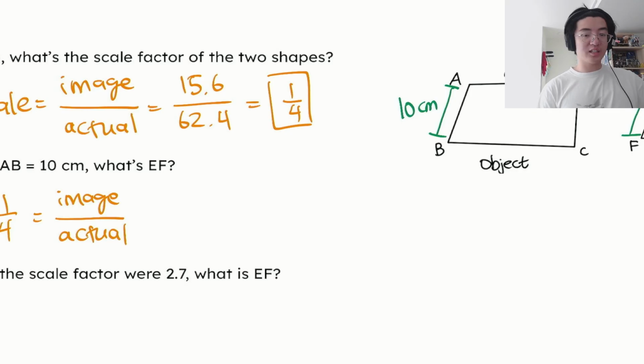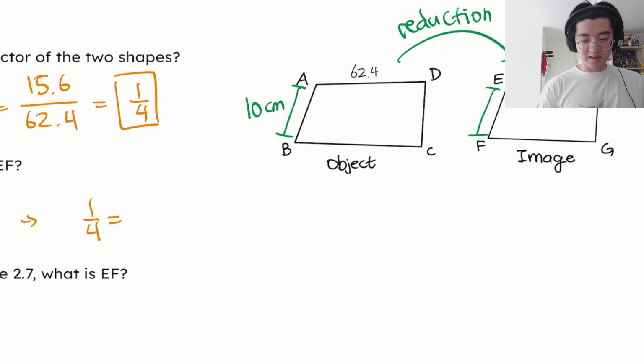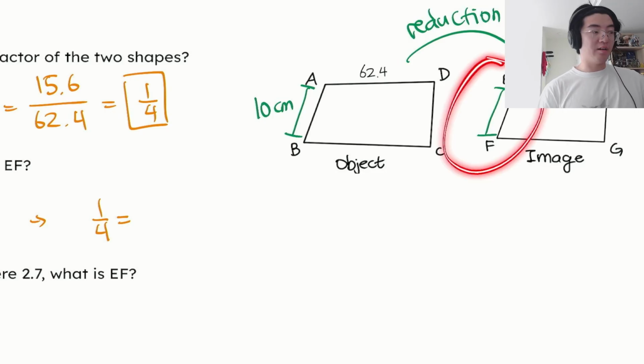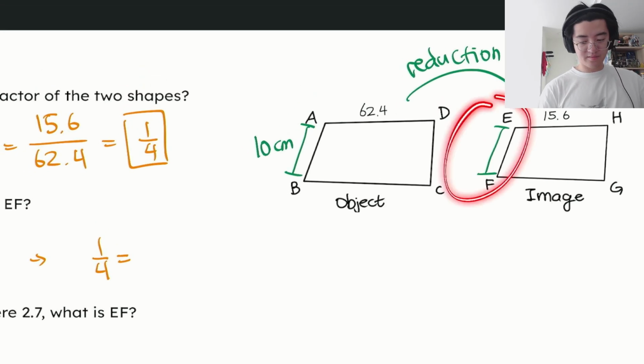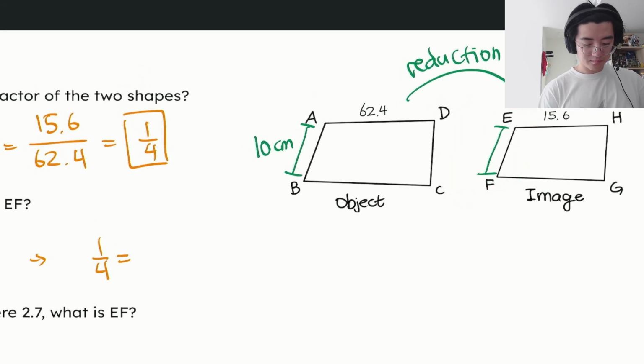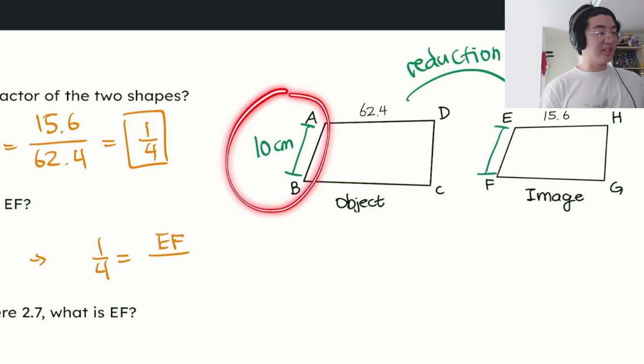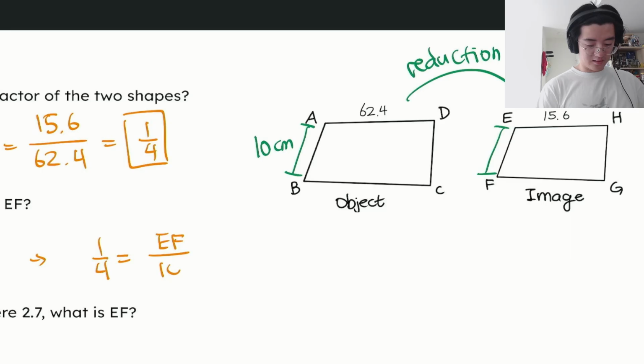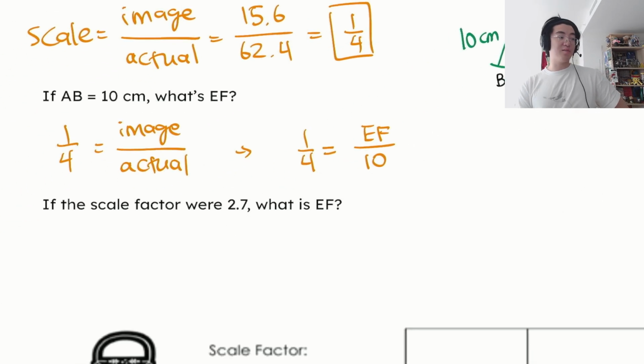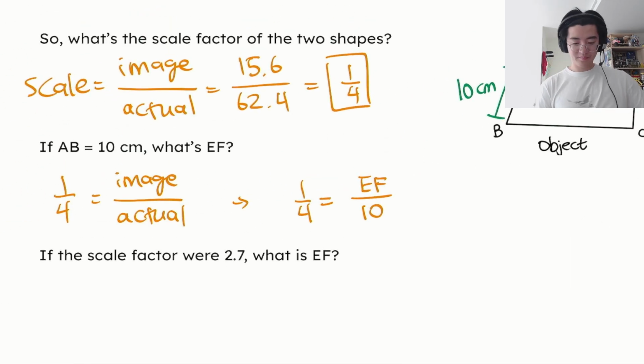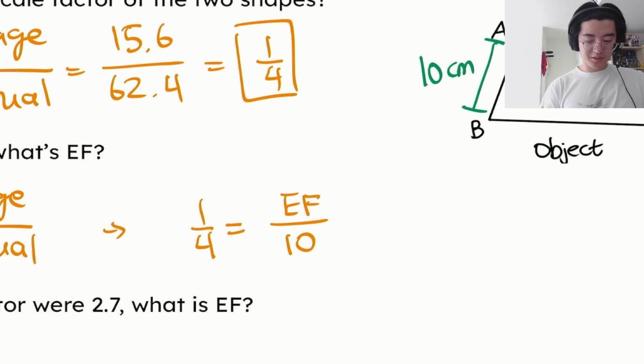We can see this algebraically. Our image has our unknown, which is EF, and the original, we're given 10 centimeters. From there we just solve for EF. That's our variable. We always get rid of the fractions because we don't want to work with them.